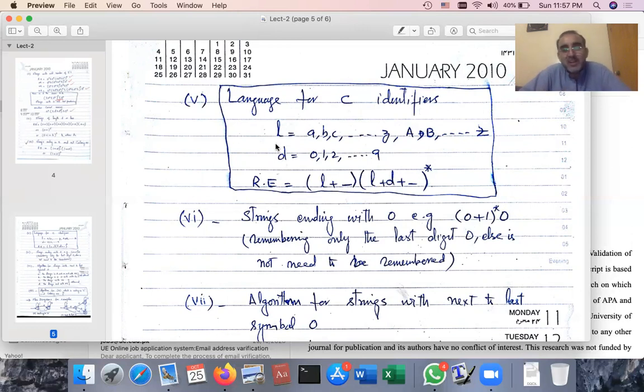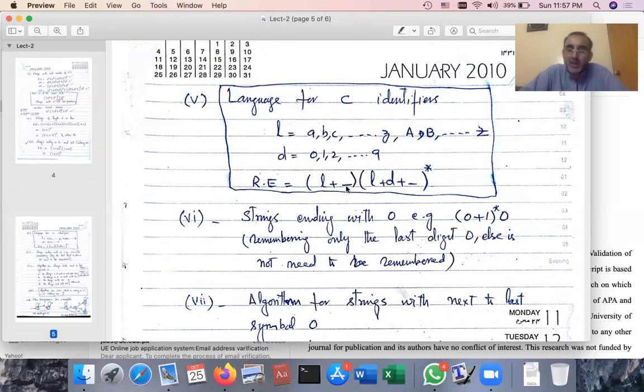So what I am writing here: L is something containing lowercase letters a, b, and so on to z, and capital letters A, B, and so on to capital Z. And D is 0, 1, 2, and so on to 9, the digits. Now I am writing the regular expression, which is quite an easy one. Regular expression is equal to L plus underscore.